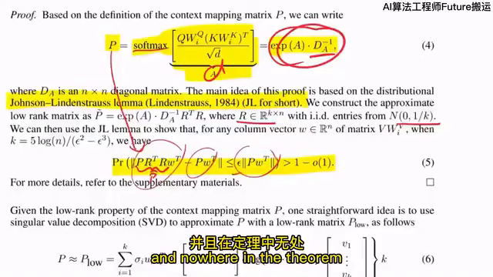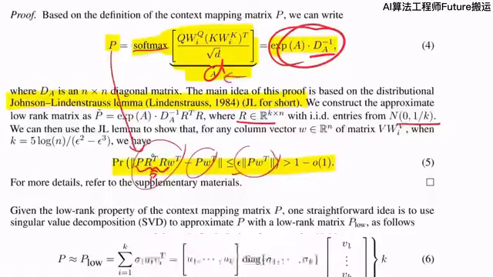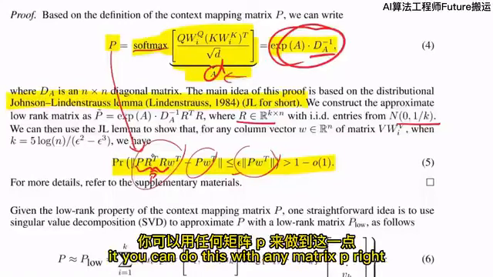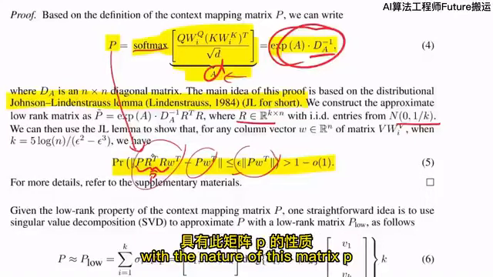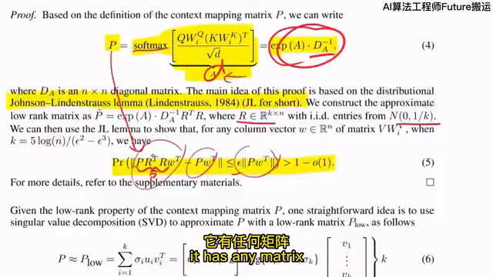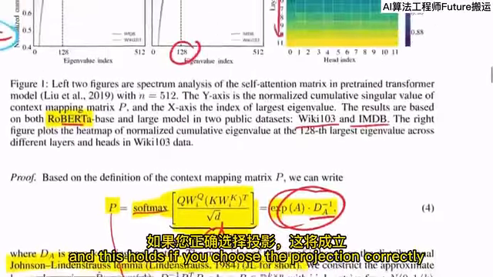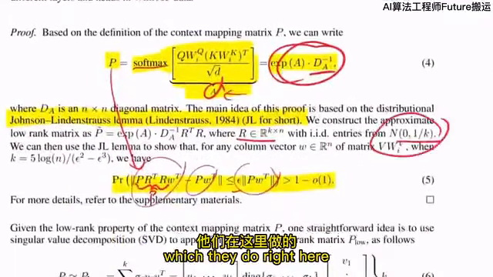And nowhere in the theorem appears the fact that this inner matrix A is low rank, or even that this matrix A exists. You can do this with any matrix P, right? The JL doesn't concern itself with the nature of this matrix P. It says any sort of high-dimensional data you can project to low-dimensional data, and this holds if you choose the projection correctly, which they do right here.